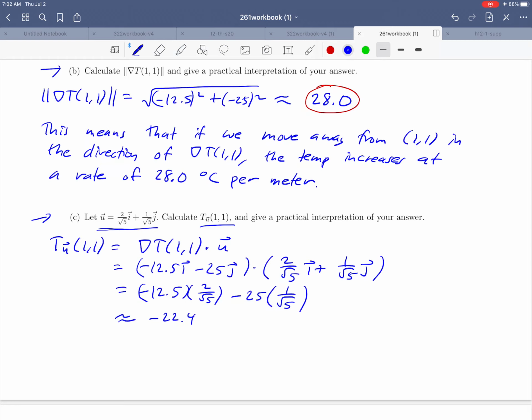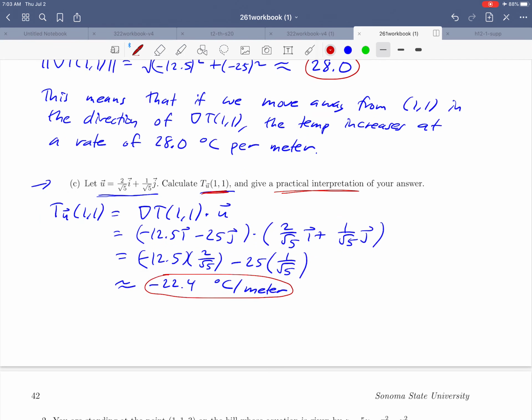This is a rate of change again, so we can even put units to that of degrees Celsius per meter. So there's the first part of our answer. We calculated the directional derivative. What would be an interpretation of this? Well, that's just giving us a rate of temperature change as we move away from this point in a particular direction. So let's put that into words.